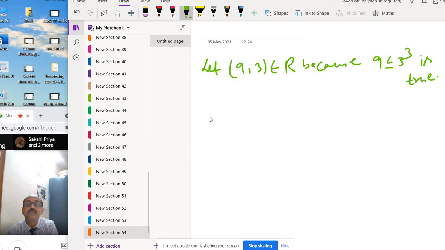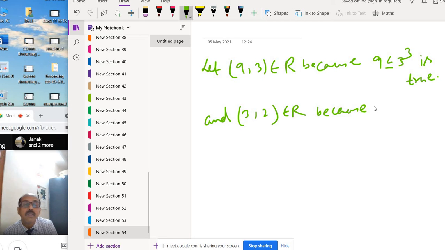So (3, 2) also belongs to R, because 3 less than or equal to 2 cube is true, because 2 cube is 8.